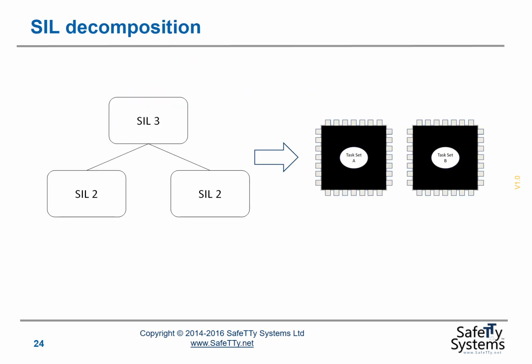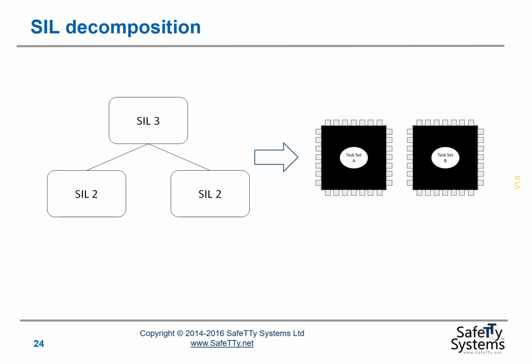So we talked about ASO decomposition. SIL decomposition also applies and is sometimes used in this area. According to IEC 61508, we can sometimes decompose functional safety requirements: a single functional safety requirement at SIL 3 into two independent functional safety requirements at SIL 2.